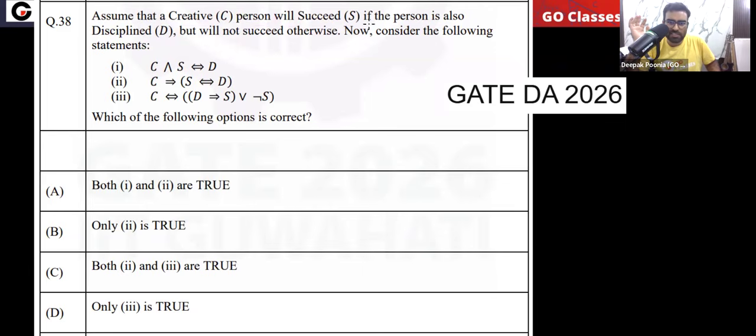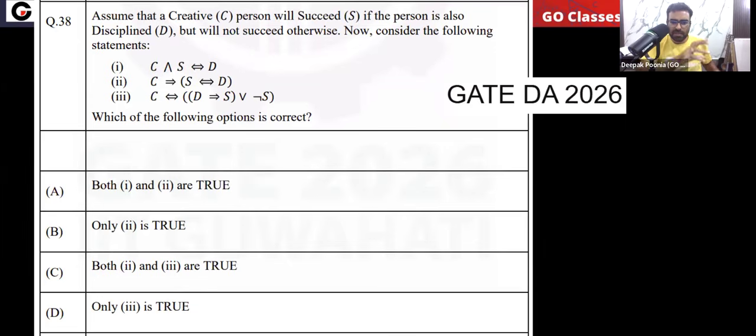A creative person will succeed if the person, what is the meaning of the person here? The person means creative person. So remember, a creative person will succeed if the creative person is also disciplined, otherwise the creative person will not succeed. It's all about the creative person. This statement is only making a claim about the creative people. It is not saying anything about the non creative people.